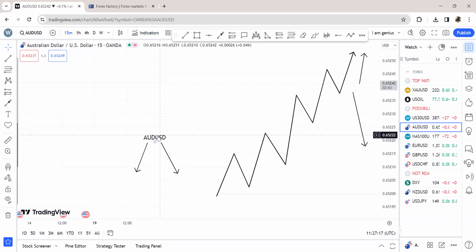But then what if there's a news release on the US dollar, not the Australian dollar? And we know that the US dollar in this case is, okay, if you said quote, you're right, the quote currency. Now, how is that going to apply? Is it still going to work in the same way or is it different?